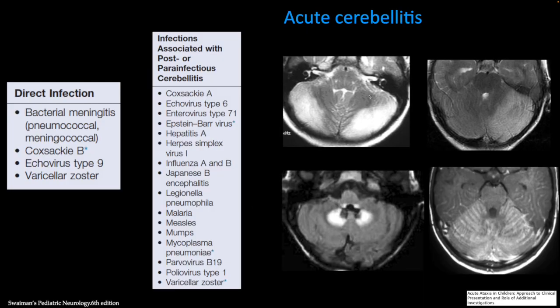Cerebellitis in general can be seen affecting bilateral hemispheres, can be more predominantly on one side, more central involvement, can also have dorsal brainstem involvement. Enhancement can be variable. Over here you have diffuse leptomeningeal enhancement, and as outlined over here, many organisms can cause acute cerebellitis. Again, predominantly viral organisms out there.